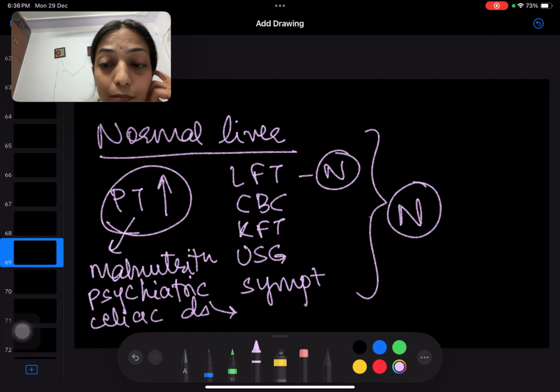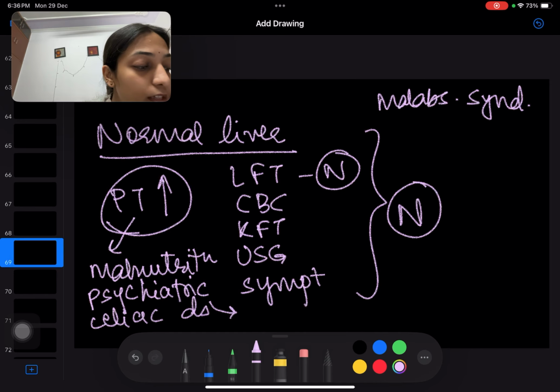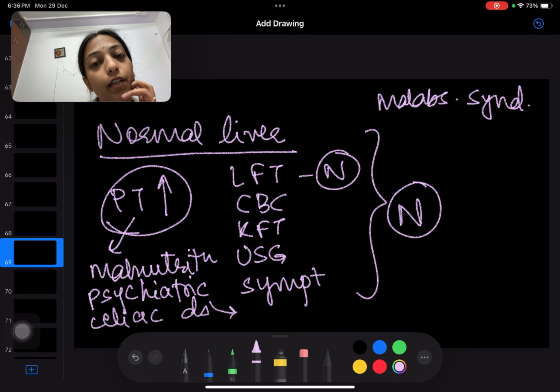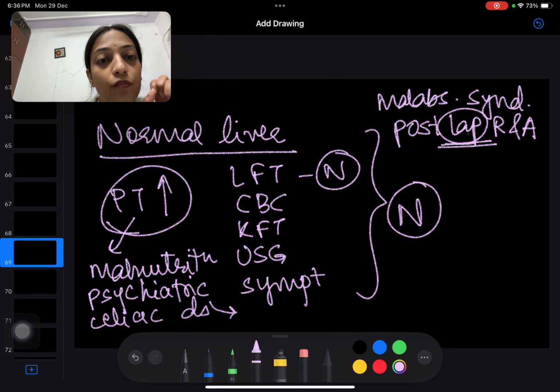It can be malabsorption syndromes, right? It can be celiac disease, I've told you. Then what else can be there? There can be post-lap resection and anastomosis. Like if laparotomy has occurred, then some part of the bowel is out, so the absorption cannot occur, right?